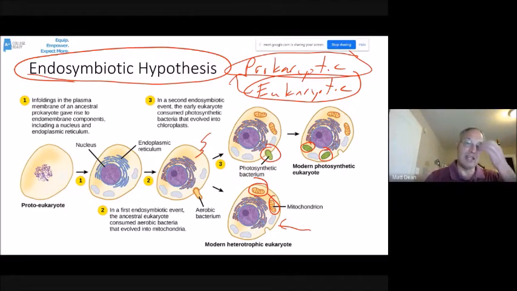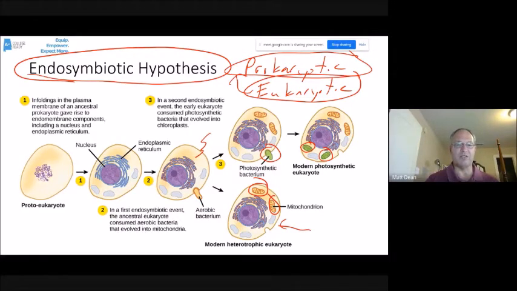So the idea is that they started living together, that this was very beneficial, and after some gene swapping between the different symbionts, they became so dependent on each other that they couldn't separate, and that these small little bacteria living inside the bigger one essentially became organelles.